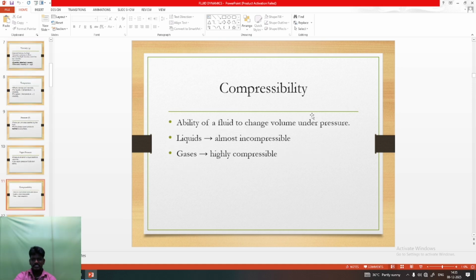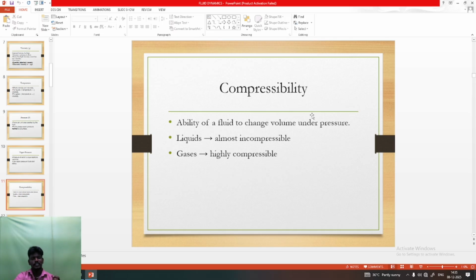Compressibility. What is compressibility? Compressibility means the ability of a fluid to change volume under pressure.